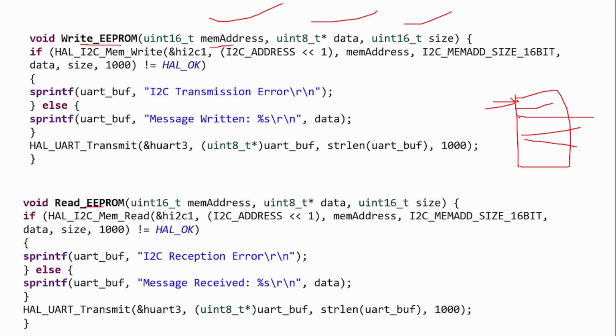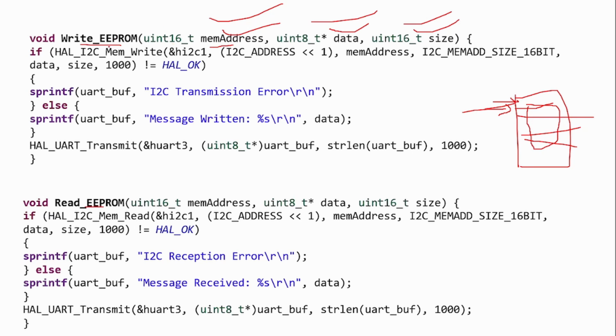You have the chip with you, you know the address, but on which particular location you want to write, you have to define over here. So the write EEPROM function has 3 arguments: address, data and size of the data. So you have to specify on which particular address you want to write, what you want to write, and what is the size of the data. That's it. Same way the read function also has the same arguments.